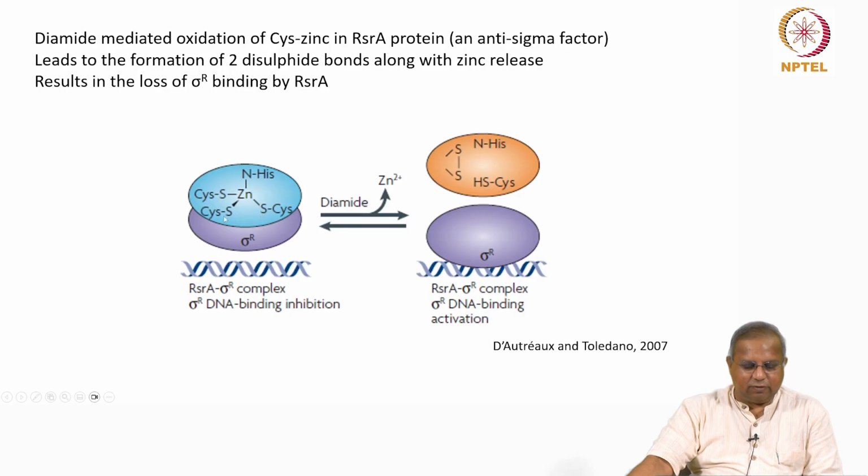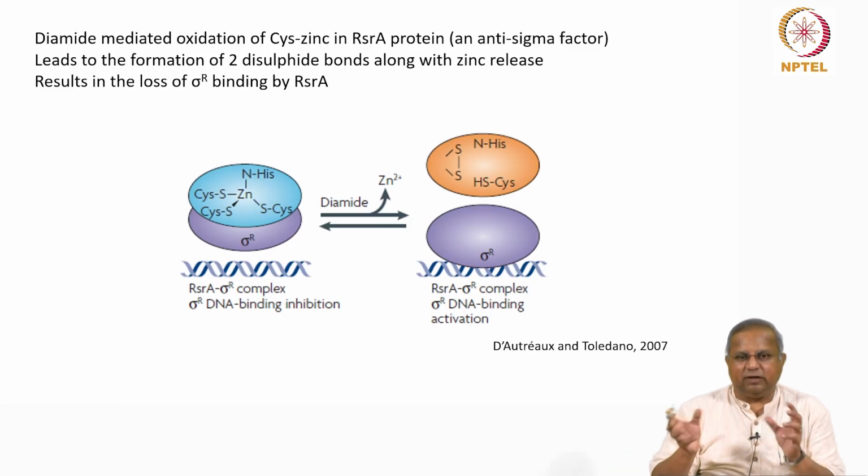You have the RsrA-sigma R complex, and in the presence of diamide, it releases zinc, and you have formation of these from this. This releases RsrA from sigma R, and that leads to activation, because when it is bound, sigma R is unable to bind to the DNA and cause transcription, whereas when it is released, sigma R can bind to the DNA and cause transcription.